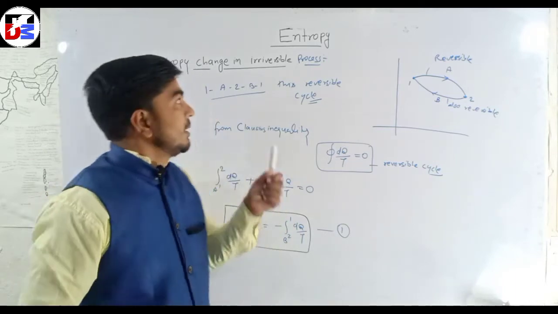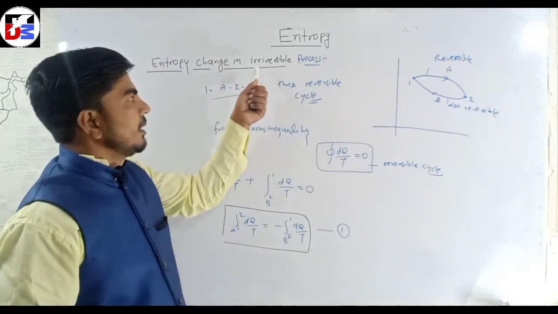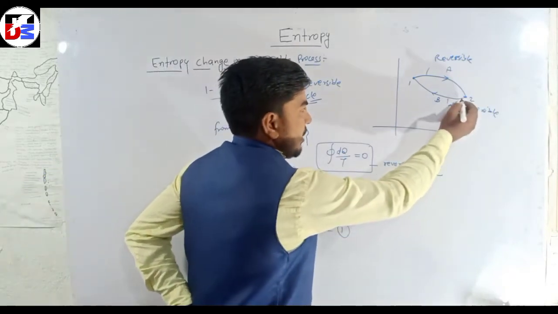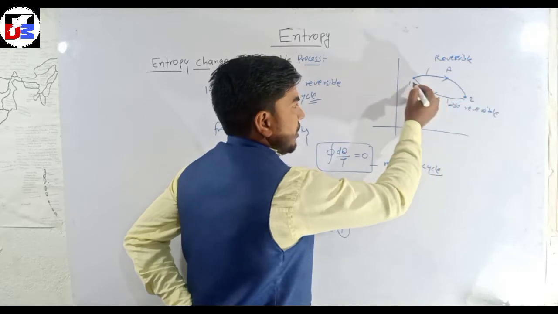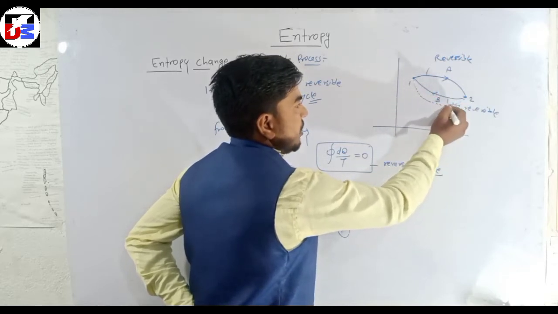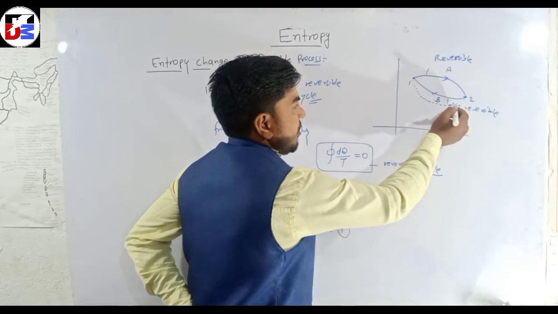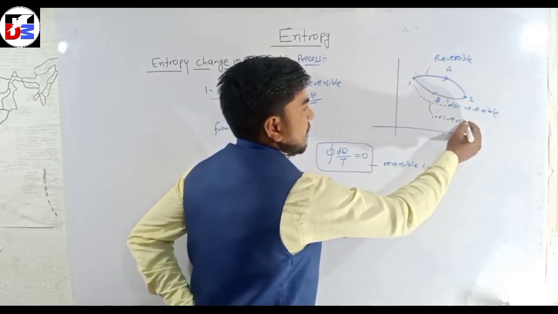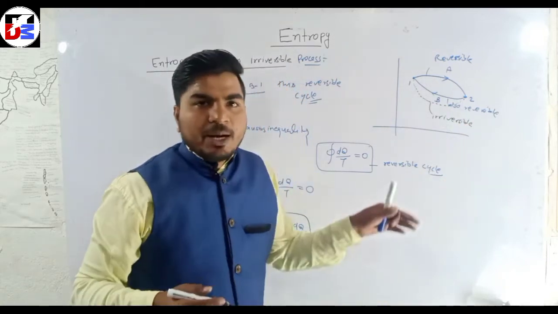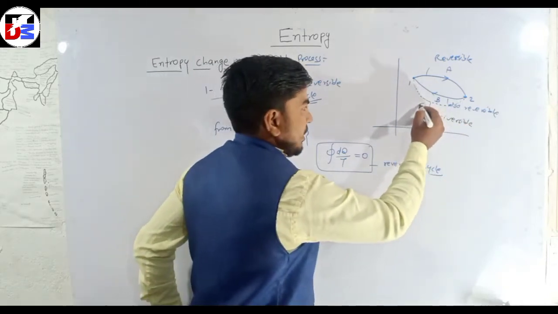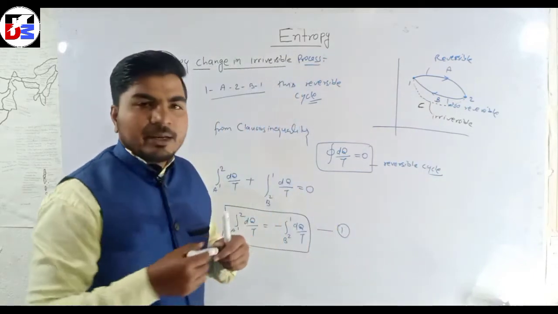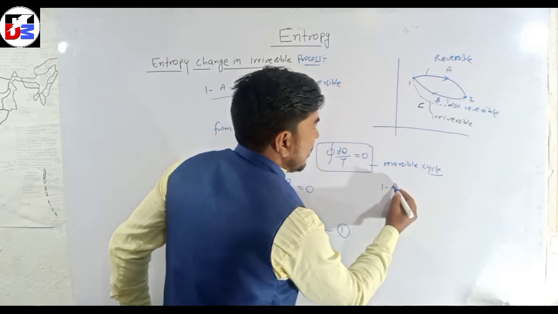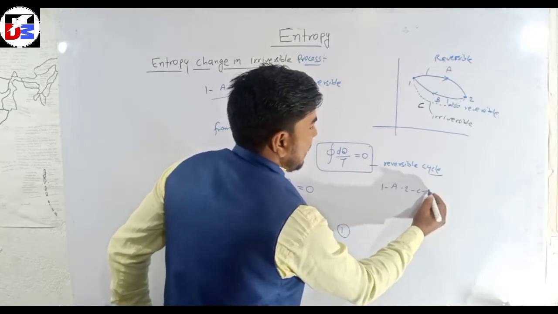Now we discuss entropy change in an irreversible process. We can assume that the process 2 to 1 is irreversible and the path is followed by C. Then we get another cycle, that is 1A2C1.